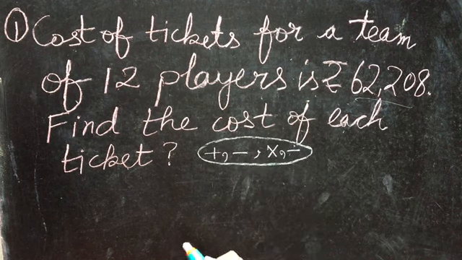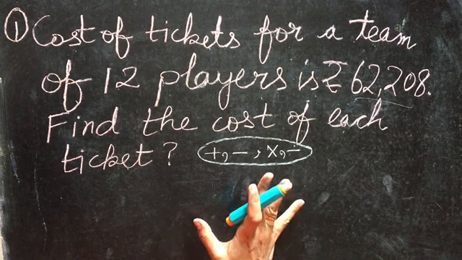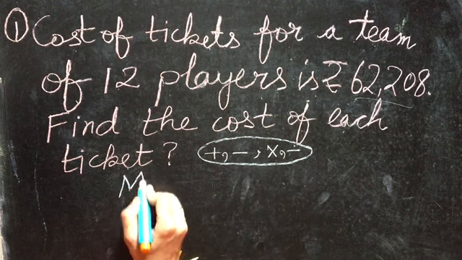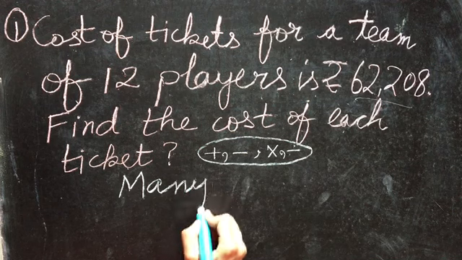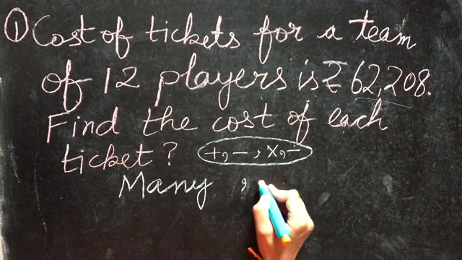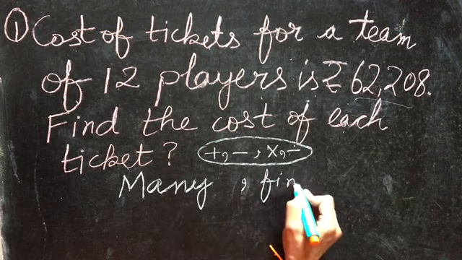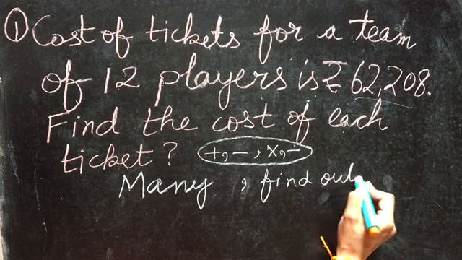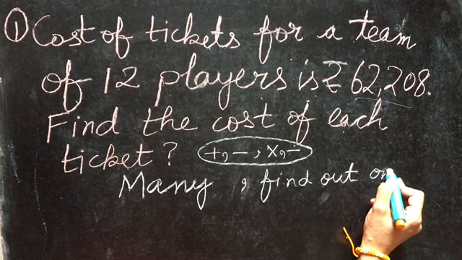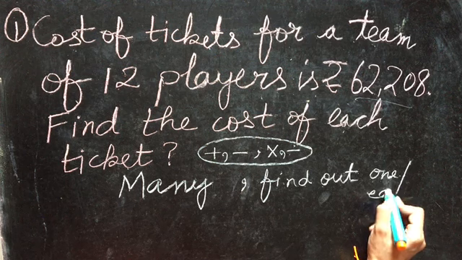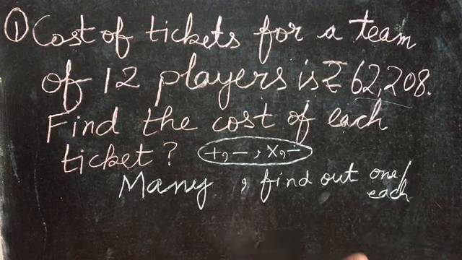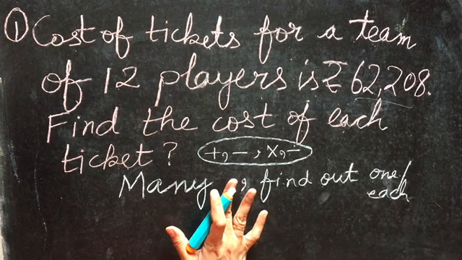Now, in case of division, what are we given? Many, and we have to find out one or each. So, you will have to read the question very carefully in order to find the solution.